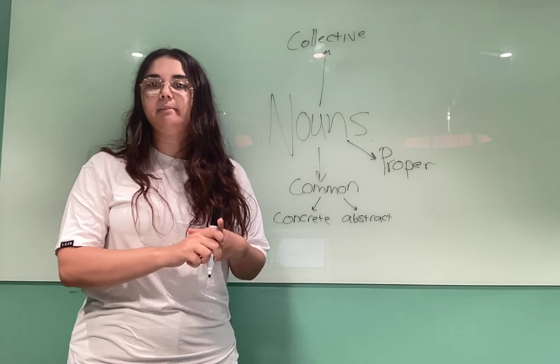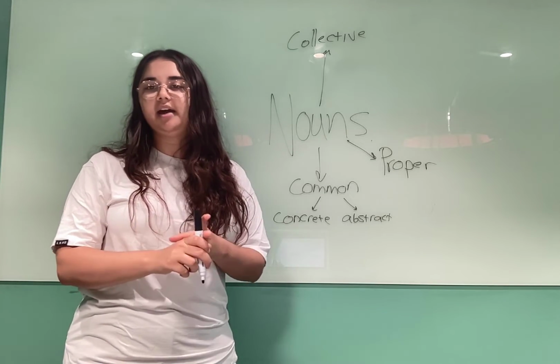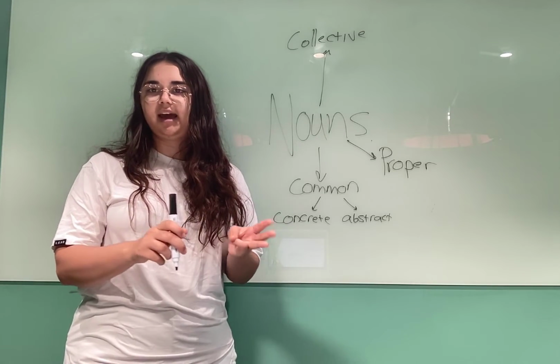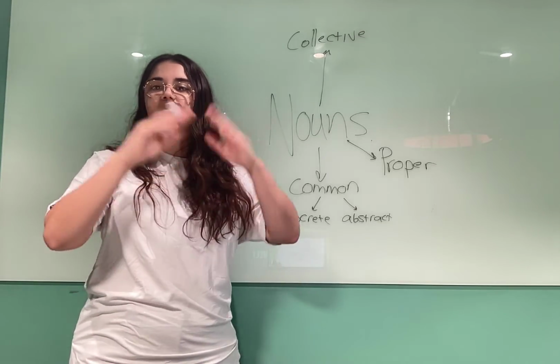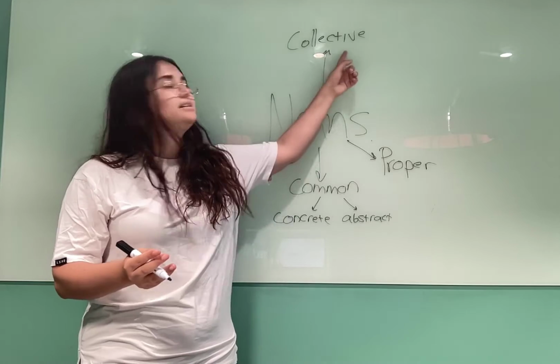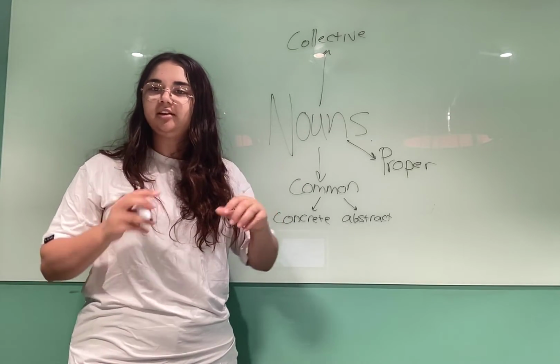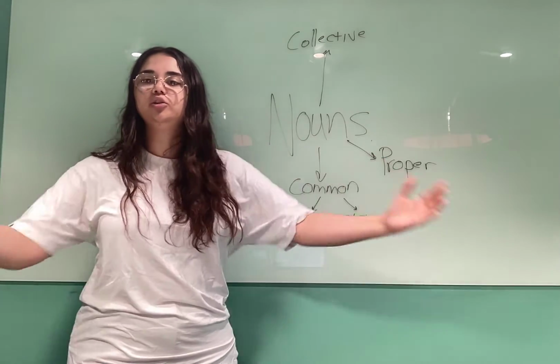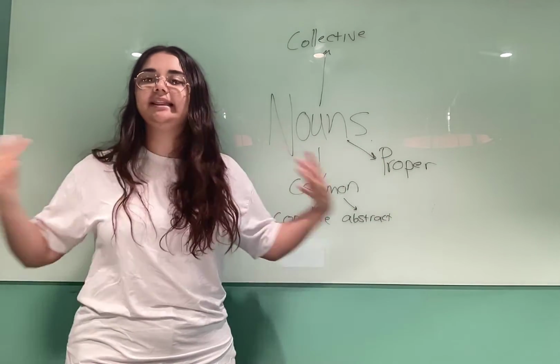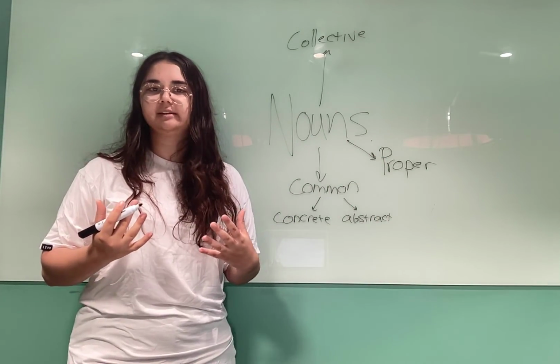So you might have done like a murder of crows, or a herd of cows, a gaggle of geese. All of these names for groups of things are collective nouns. So when you think of something collective, think of something that includes a whole bunch of things. You're collecting a whole group of things.